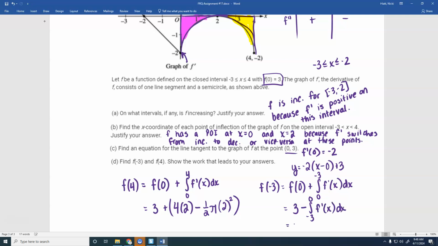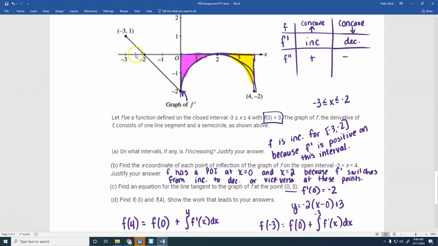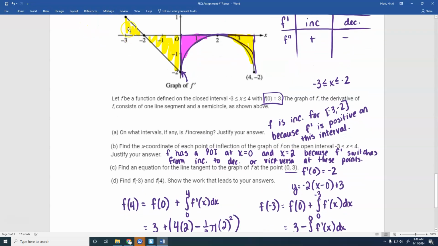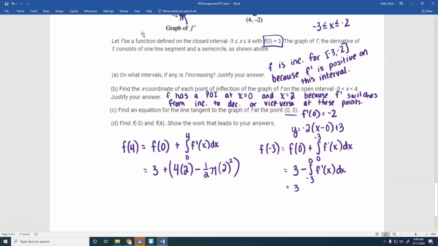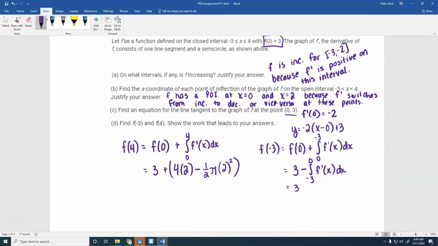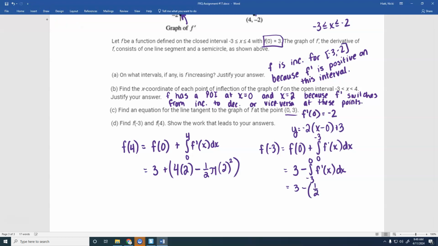And then that is the area under the curve from negative 3 to 0. So we are looking at this area here and this area here. So 1/2 is the area of this part right here, and it is positive. That's the part above.